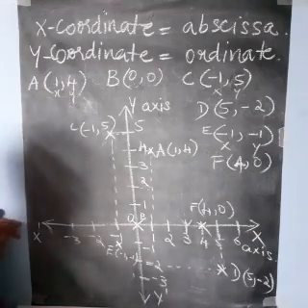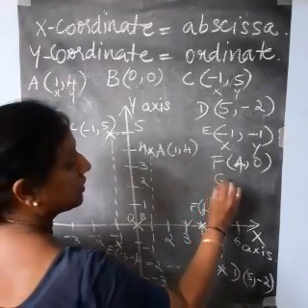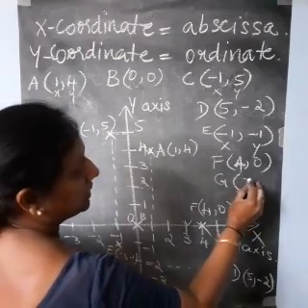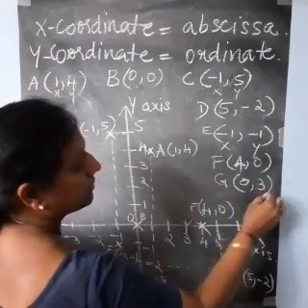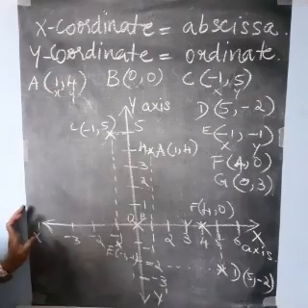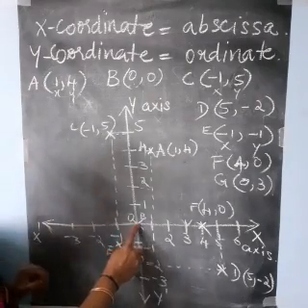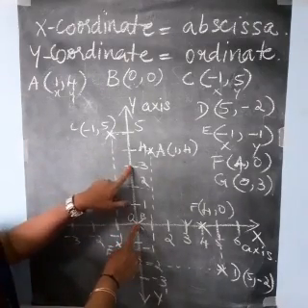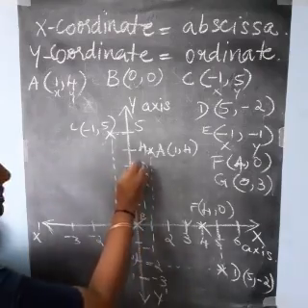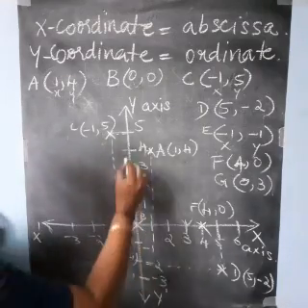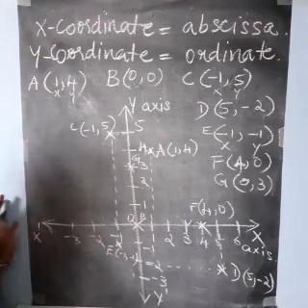Supposing the value was G of 0, 3. Where will you mark 0, 3? 0 is the x coordinate and the y coordinate is 3, so you will mark it at this point. This will be my G. Are we okay with this?